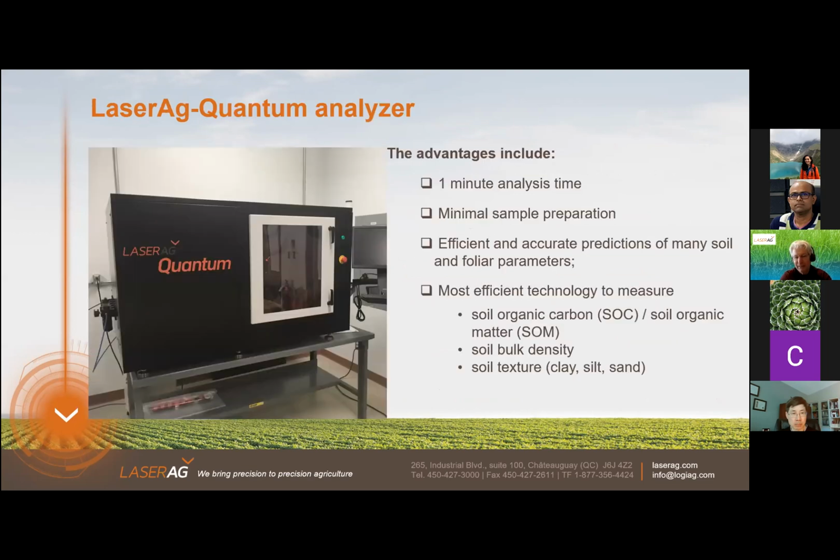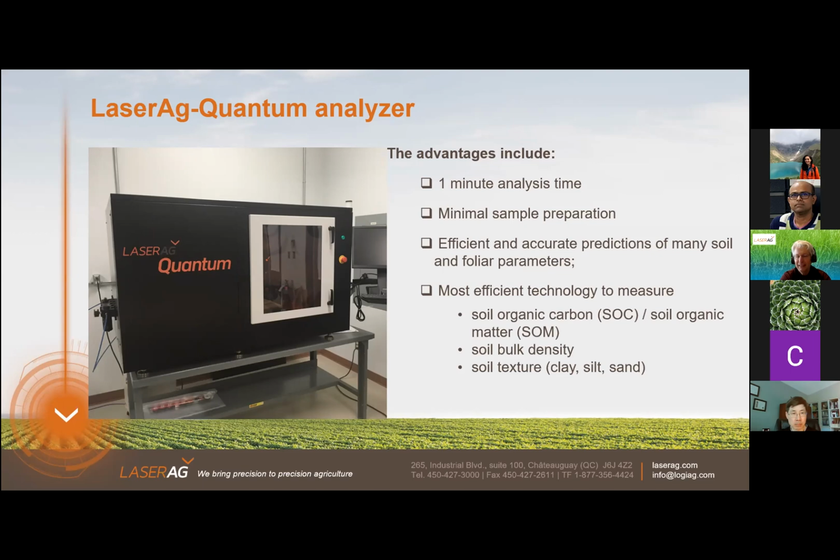So the instrument, this is what it looks like. We called it the Laser Ag Quantum. What makes it such an appealing technology is that it takes only a minute to make a complete analysis.